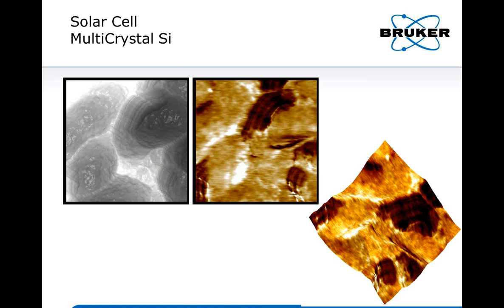So far we mainly focused on the performance of each mode, PeakForce KPFM. And now let me give you some examples. We showed data on metal alloy, on polymers, and also here is a sample for semiconductor. Here is a solar cell sample, multicrystal silicon on the top surface, and we see potential contrast there.